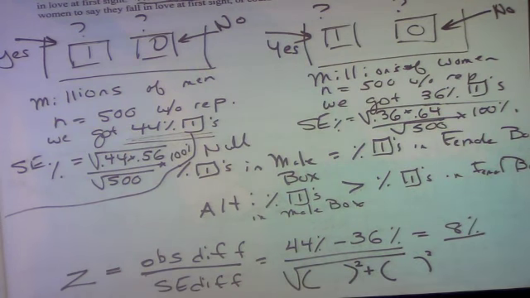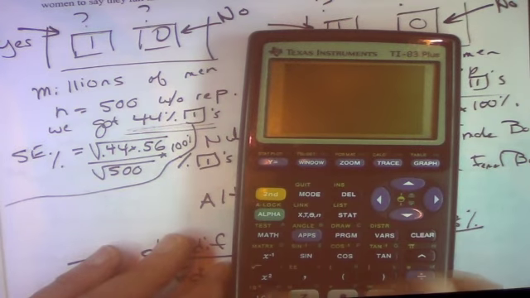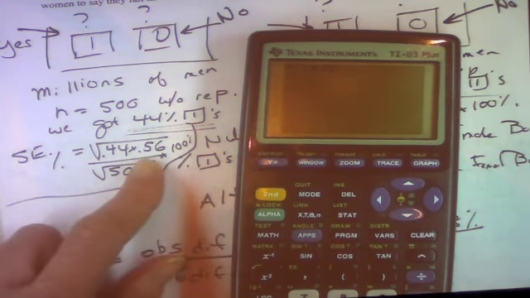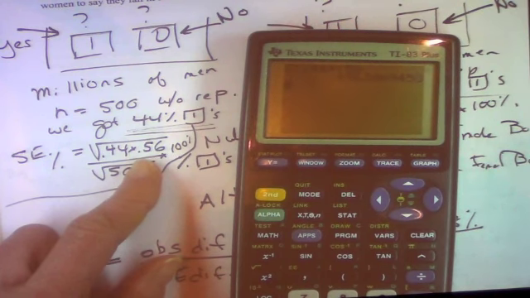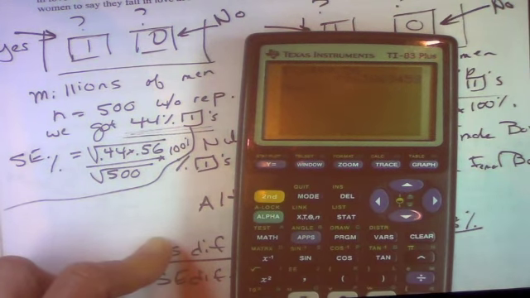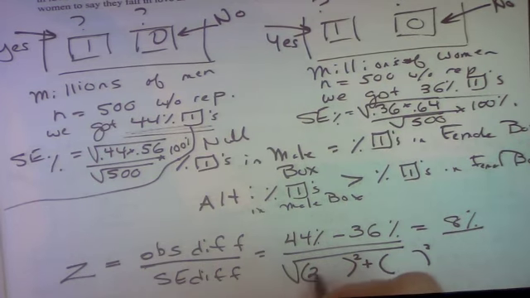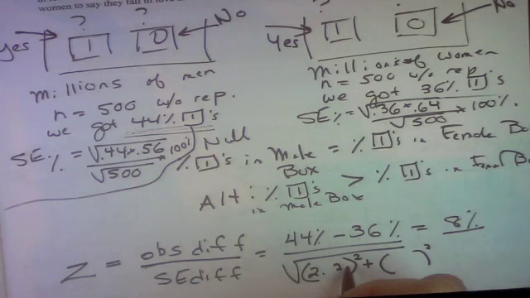Yuck. All right, I don't have my, did anybody ever do this one? All right, we got to do this one then. So what do we get? Square root of 0.44, I don't even know if you can see this, times 0.56. What did we get? That looks right. Divided by the square root of 500. And then I have to multiply by 100, and I get 2.22%.